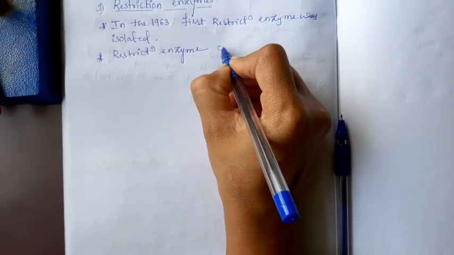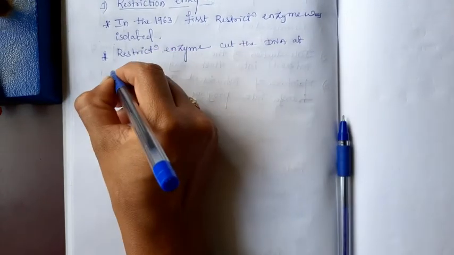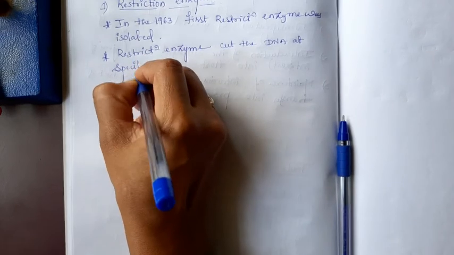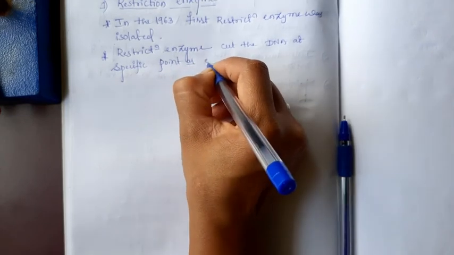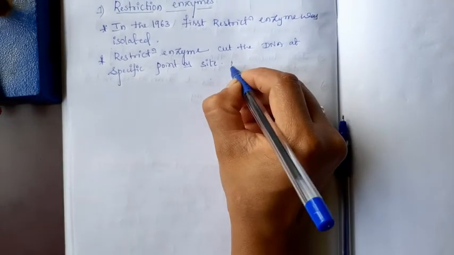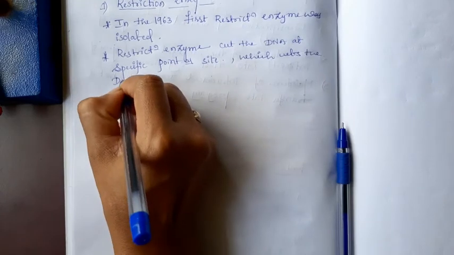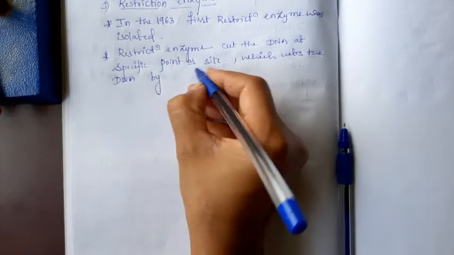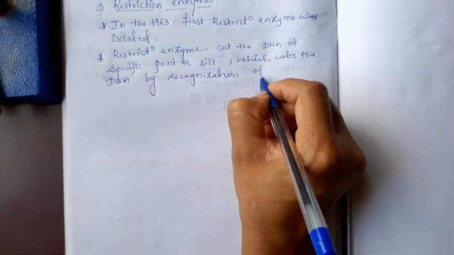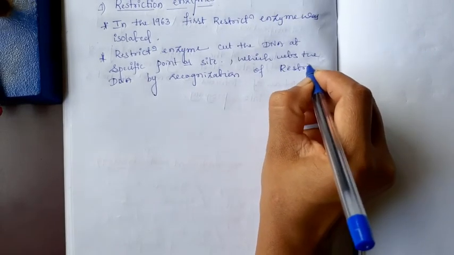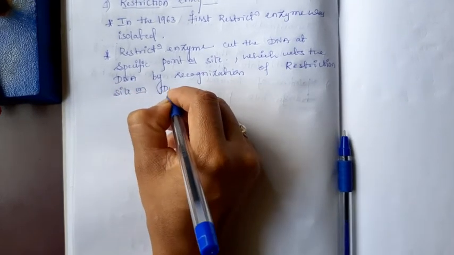Restriction enzymes cut the DNA at a specific point or site, which cuts the DNA by recognition of restriction sites on DNA.